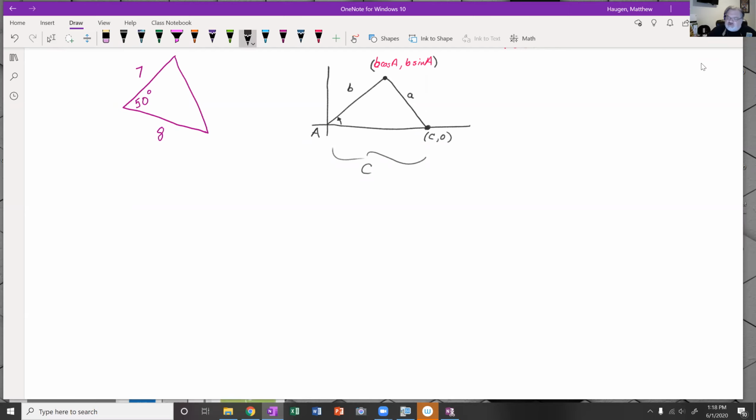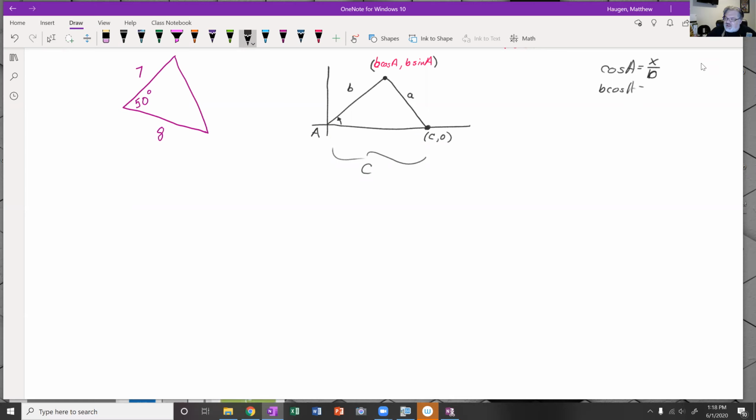So if you remember, technically our definition was that the cosine of A would be the x value over the radial value. But that radial value here is B, so we're just taking that radial value, calling it B, multiplying it over.